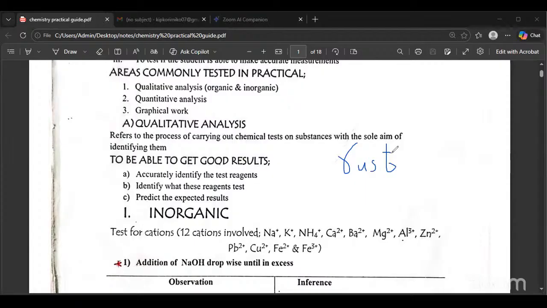I don't know if somebody can just unmute and talk. Hydrated iron 2 oxide. What, Monica? Hydrated iron 3.